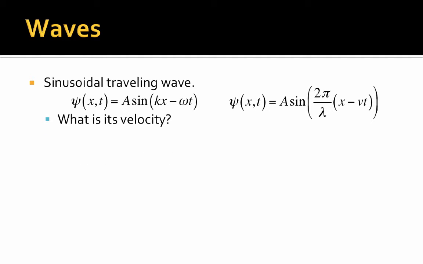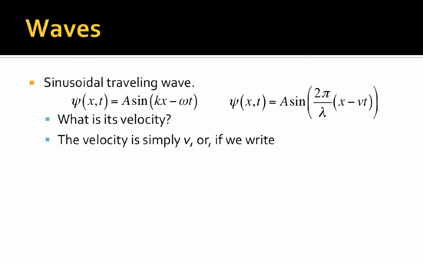So let's start with this wave and discover what its velocity is, not by doing the derivatives for the wave equation, but simply by looking at the expression. So the expression on the right, A sine 2 pi over lambda times x minus vt, the velocity is simply v. And that's fine. If we can write anything as x minus constant times t, that constant is the velocity.